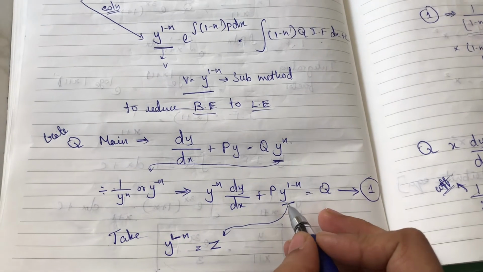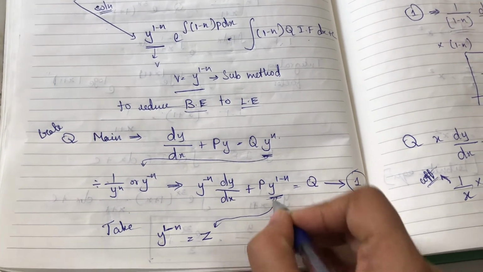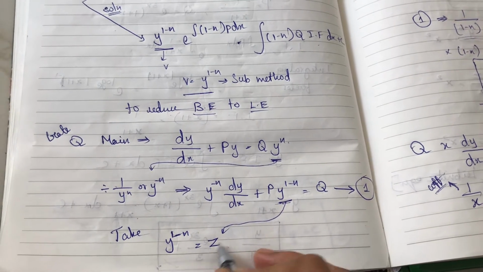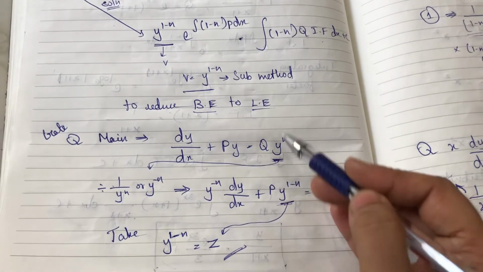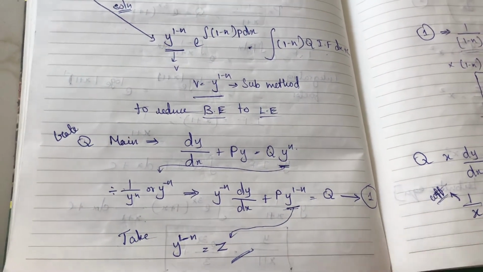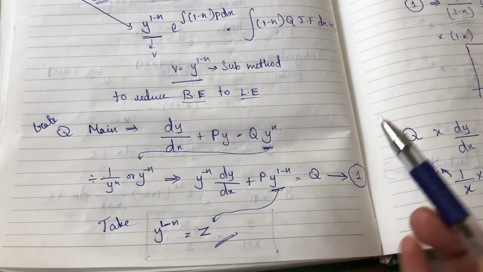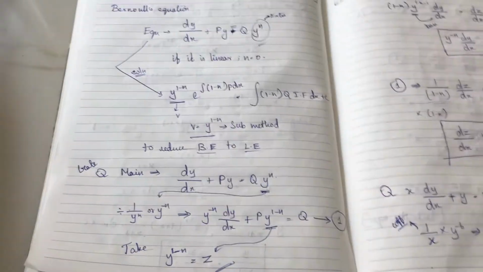And then you can see here p has some extra term. So take this term and replace it with z, right? Up to this is clear. Take the extra y term and make it the denominator, make it in division to all the terms. After that, take the p coefficient as z.